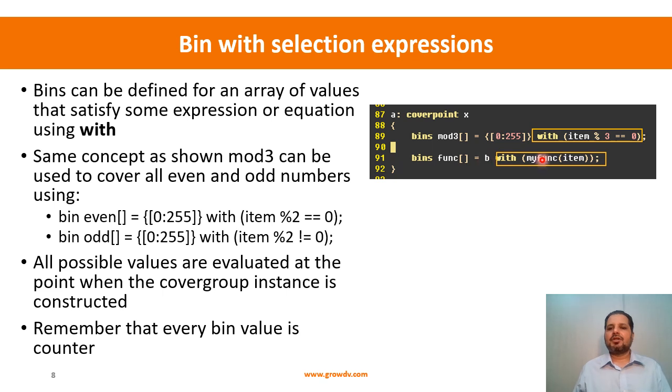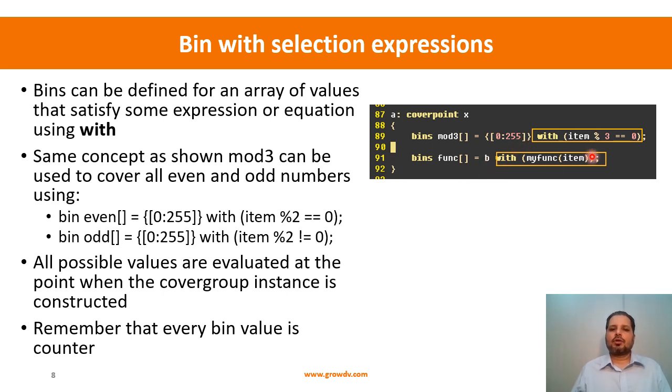Now this item term that we are using need not always be item. It can be any variable name that just represents the value that we get every time we go through the iteration. So you can use any name over here, and that name will contain values one by one from this particular range or the array that we are defining.